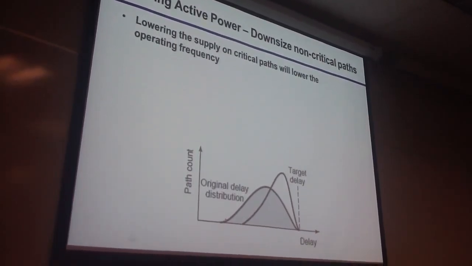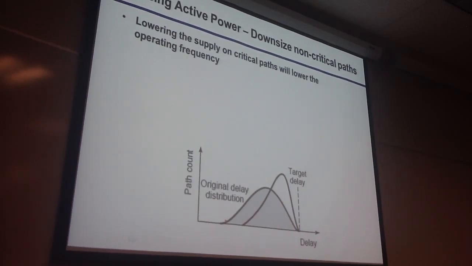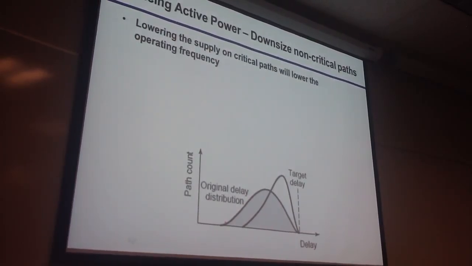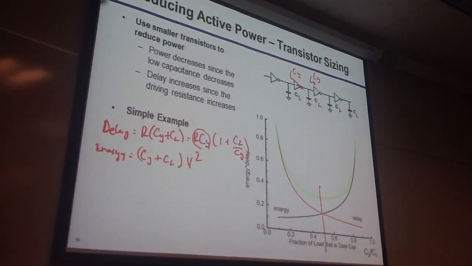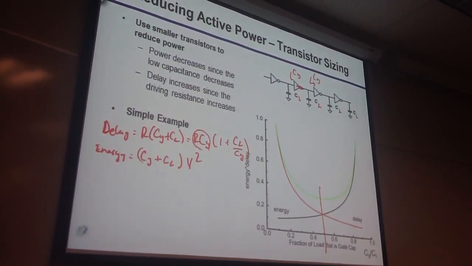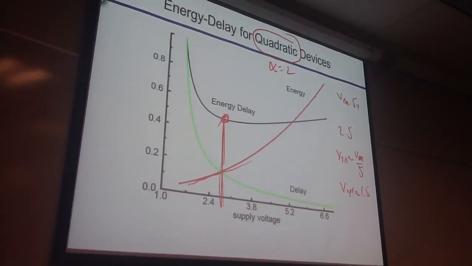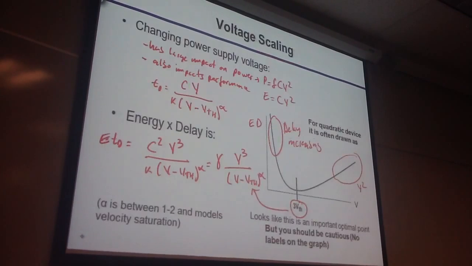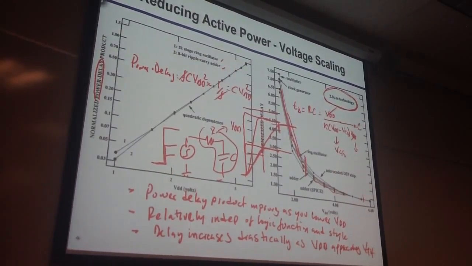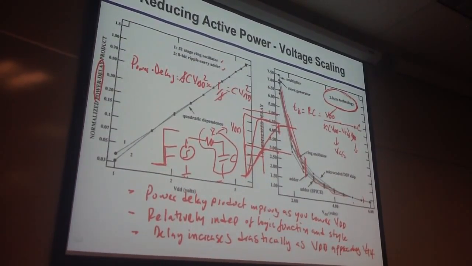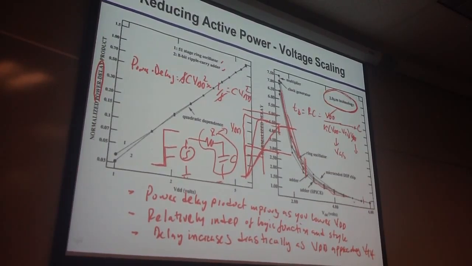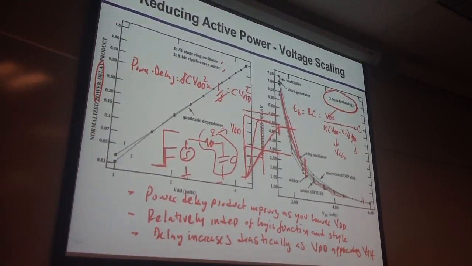Do you understand? Okay? So here's the basic trick. The trick about low power design is that you know from all the previous discussions, what did you learn from the previous discussion? When I look at these things right here, what's happening here? If I change the supply voltage, if I decrease the supply voltage, delay shoots up.